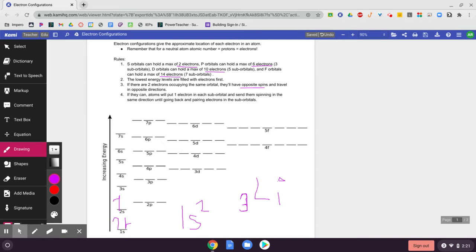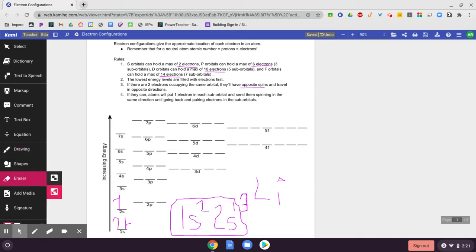And my last electron is in the 2s orbital, so I would say 2s1. So this would be the electron configuration of lithium: 1s2, 2s1.